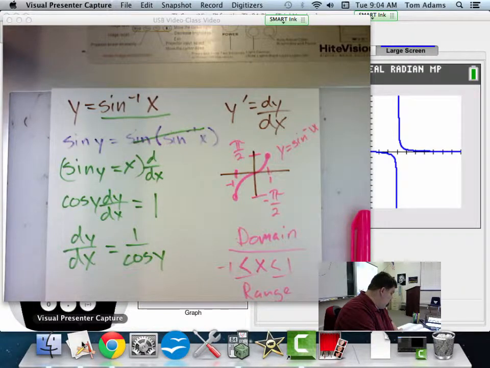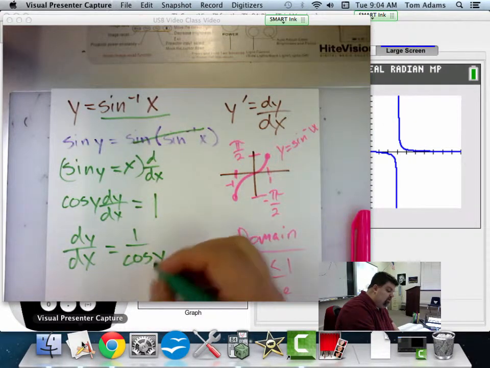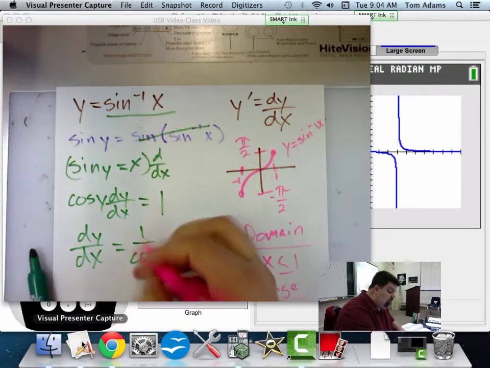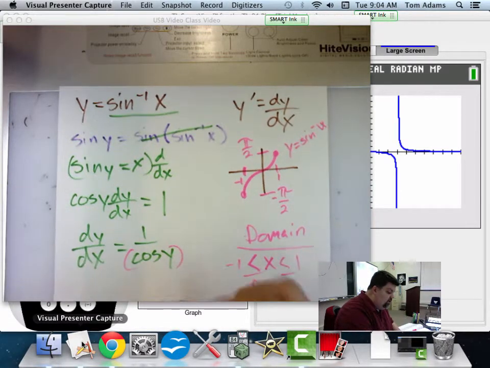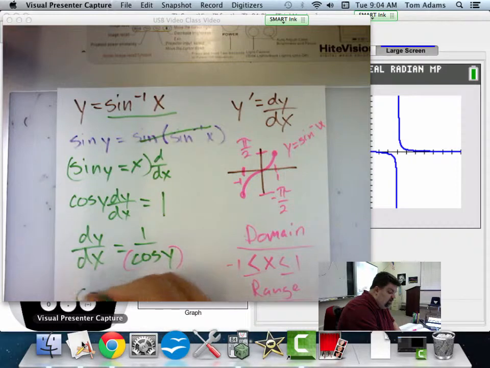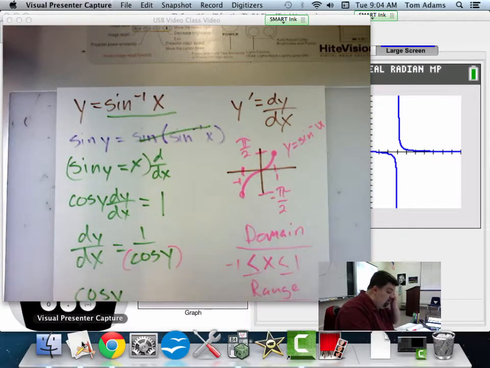So there's a little bit of a challenge here. We know a couple of things. This is cosine of y, not cosine of x, and it would be really nice to have it in terms of x in some way, shape, or fashion.